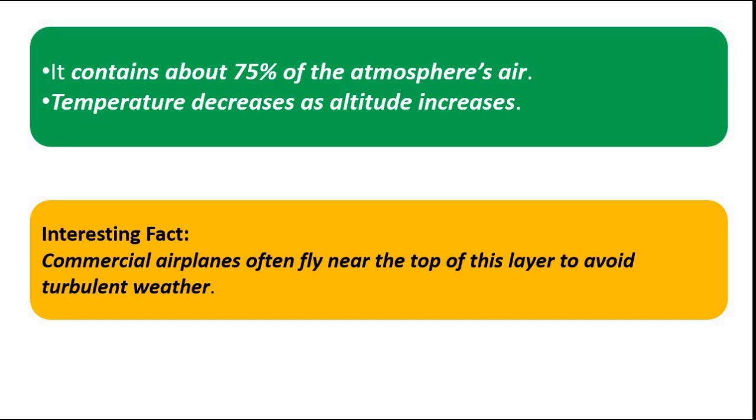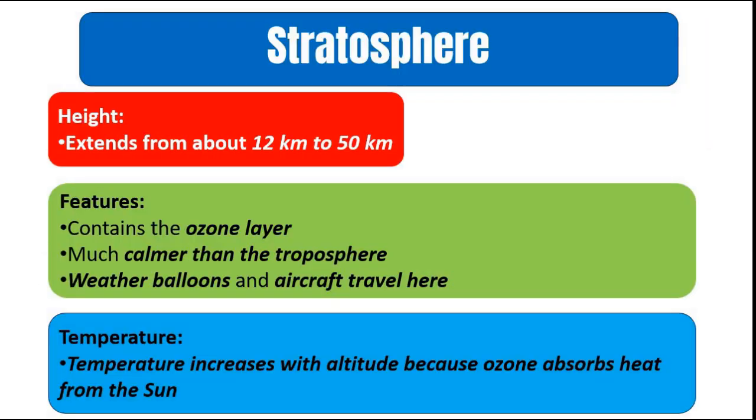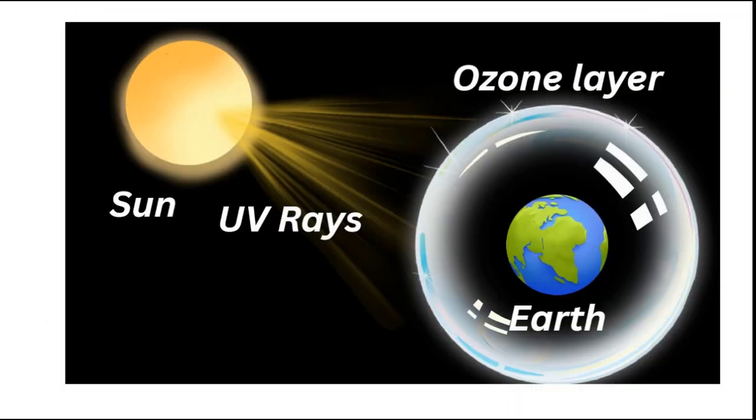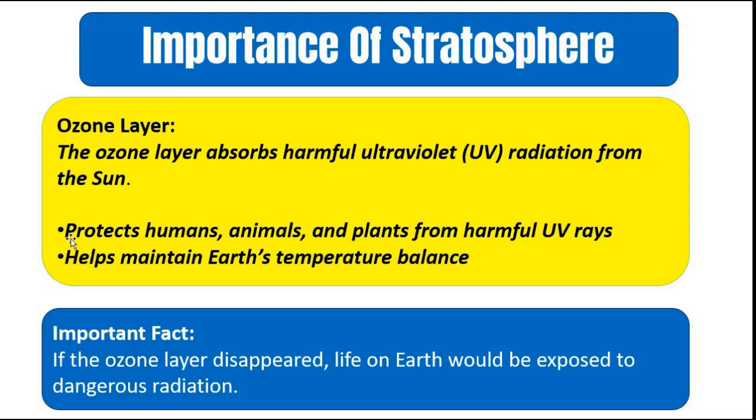Now the most important characteristic of stratosphere is the presence of the ozone layer. What the ozone layer does is absorb the harmful ultraviolet radiations, UV radiations, from the sun, which cause various kinds of diseases, skin cancer and all that. So it protects the earth from excessive heating and various diseases caused by the harmful ultraviolet radiation of the sun.